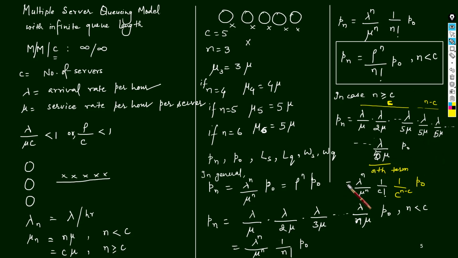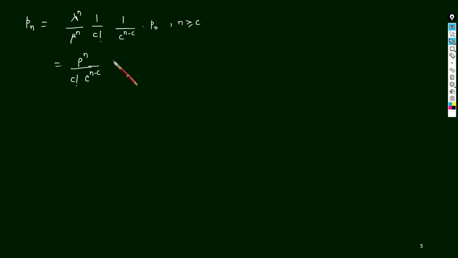Okay, so next we got Pn. We got Pn is equal to, how much did we get? Lambda to the power n by mu to the power n, 1 by c factorial, and 1 by c to the power n minus c into p naught. So this was the formula when n is greater than or equal to c, or you can say rho to the power n by c factorial, c to the power n minus c into p naught when n is greater than c.